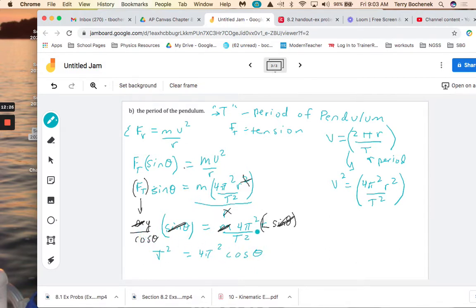Cos theta comes up, t comes out of the basement, g goes down to the basement, and so the t then just becomes equal to the square root of all of that stuff. It's not real pretty, but we're in AP Physics. So there's your answer. T is going to be equal to the square root of 4 pi squared cosine theta divided by g. Yeehaw.